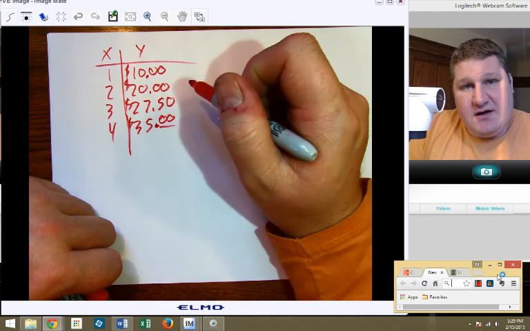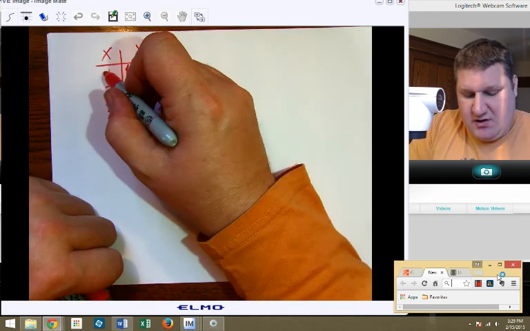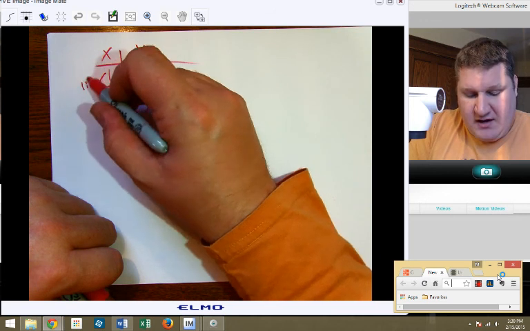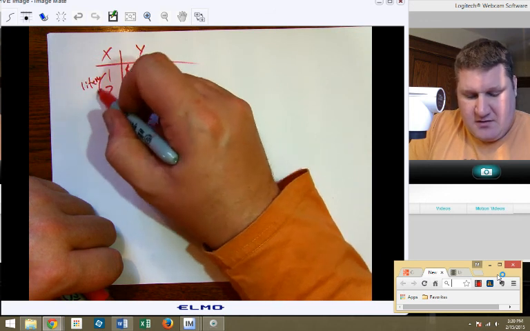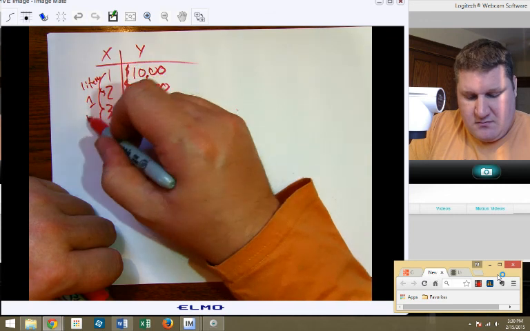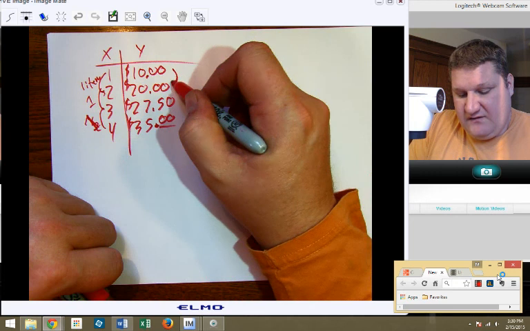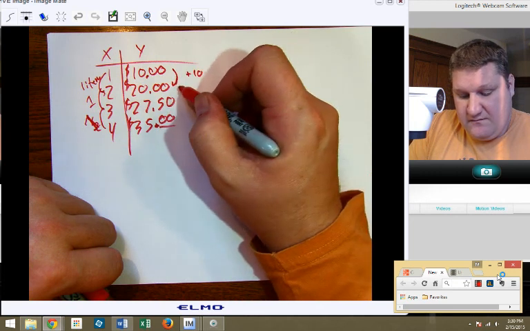The question becomes, is this a constant rate of change? Well, I'm only going up by 1 shirt or pair of pants, whatever the item is, by 1 item. But in this case, I go up by $10.